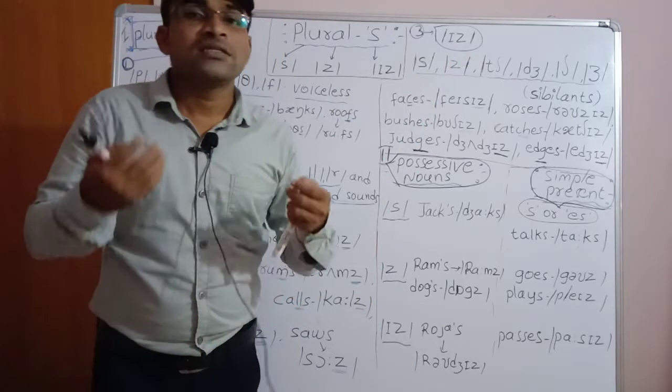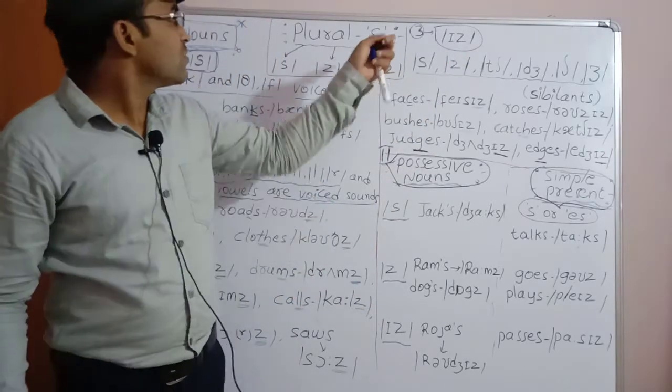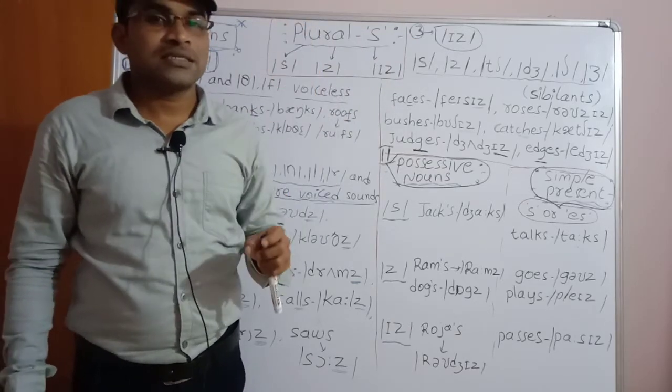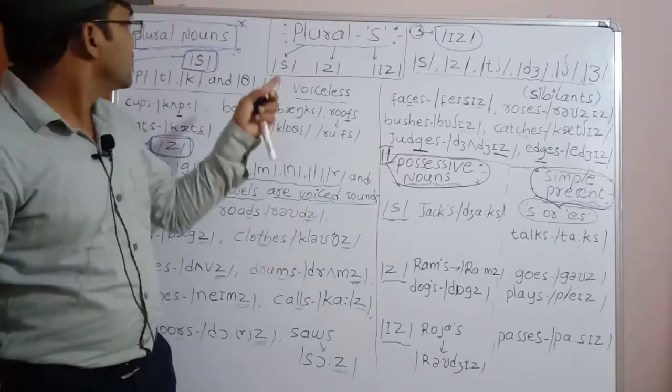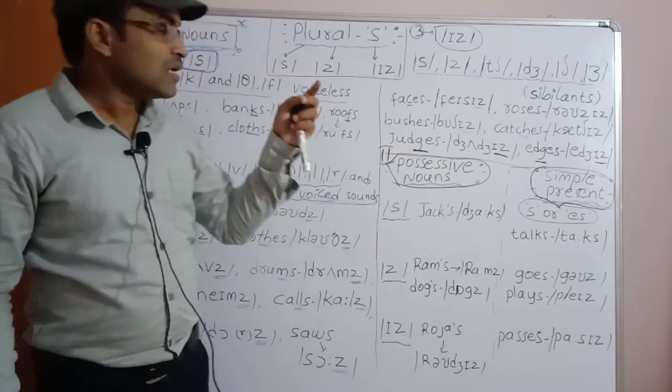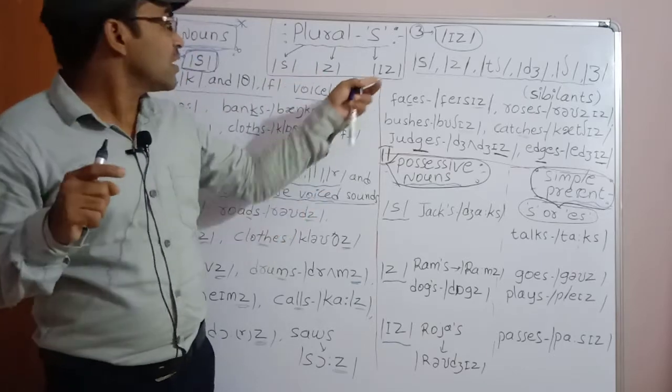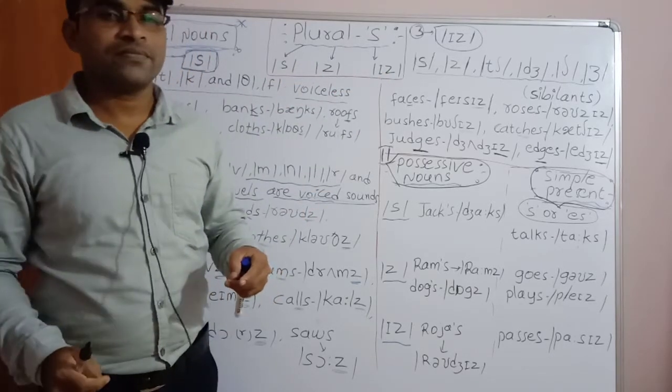These are the three forms of the plural es. It is pronounced as sa, ja and is.